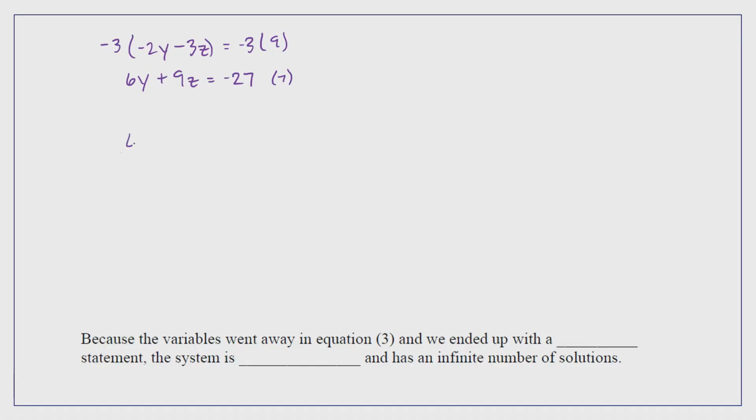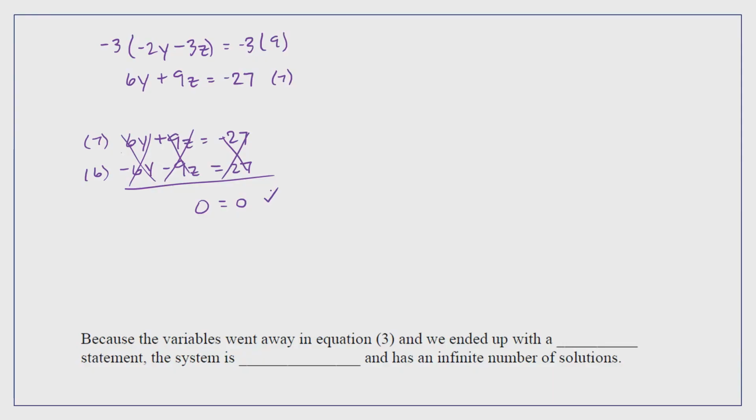So I have 6y plus 9z equals -27, and I'm going to add it to -6y minus 9z equals 27. Okay, so that was equation 7, and this is equation 6. So these cancel, and these cancel.